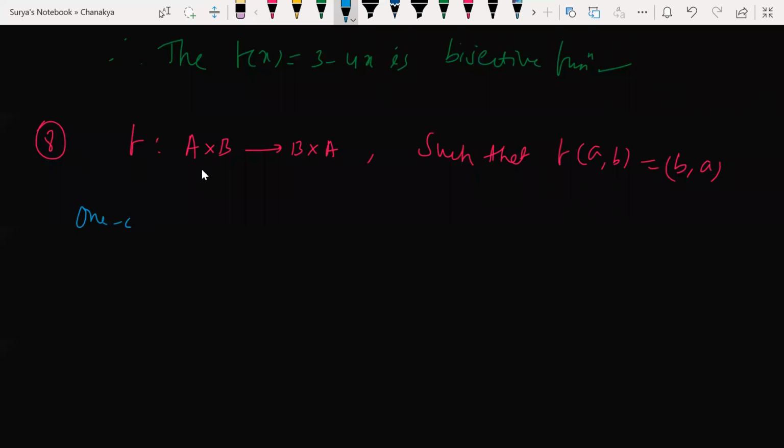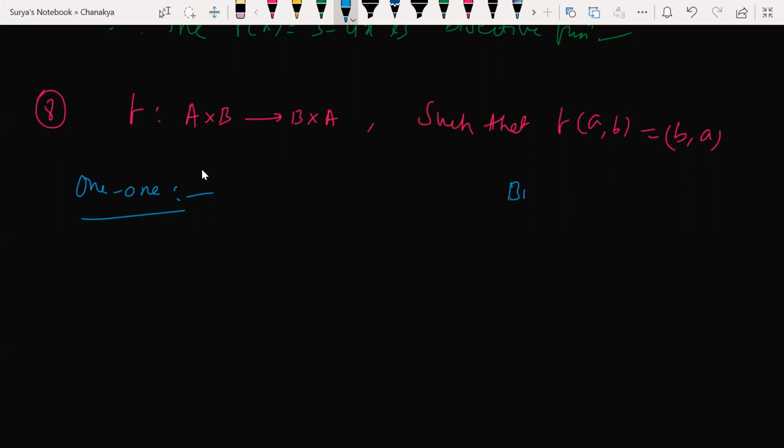For bijective, I have to prove it is a 1-1 function as well as an onto function. First of all, let us prove it is 1-1. Then only it is bijective, right?